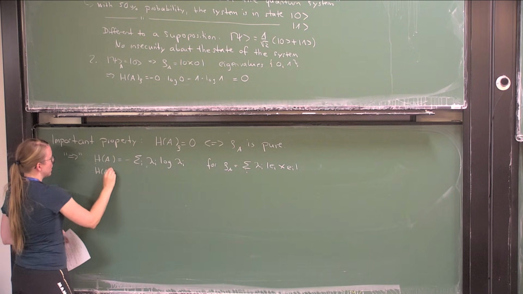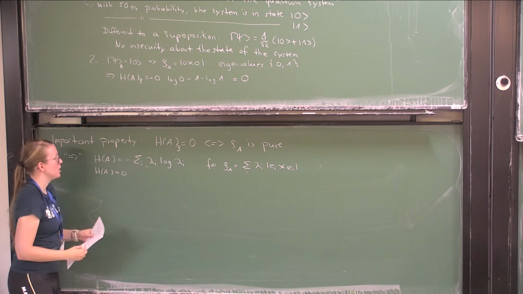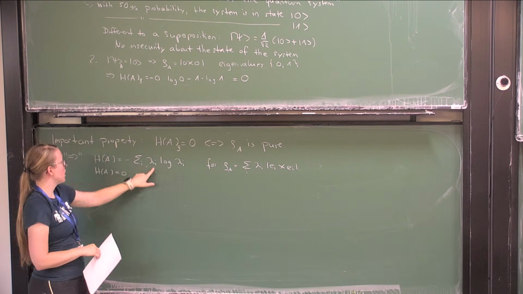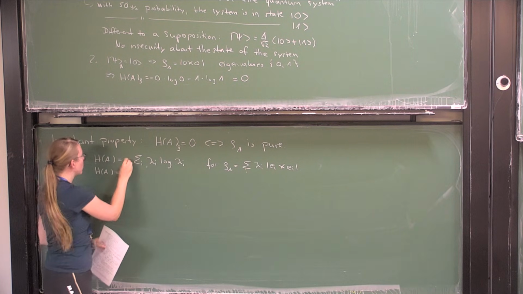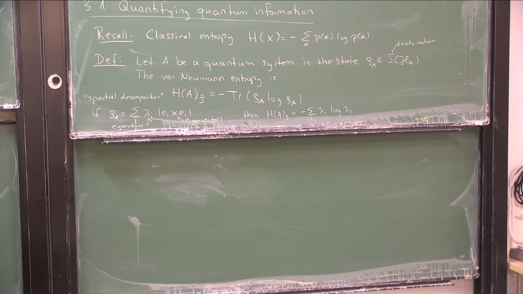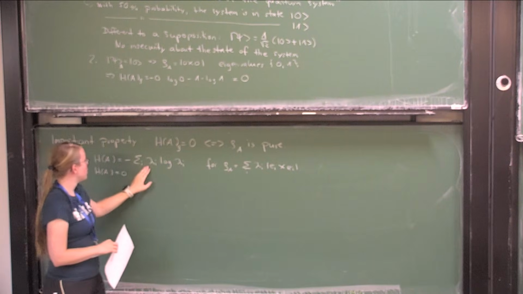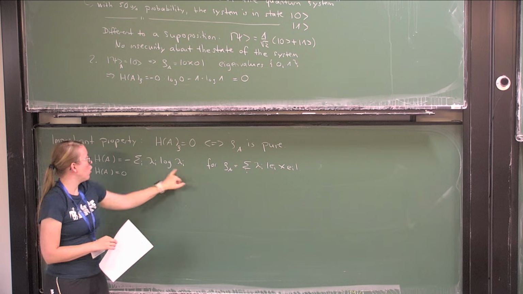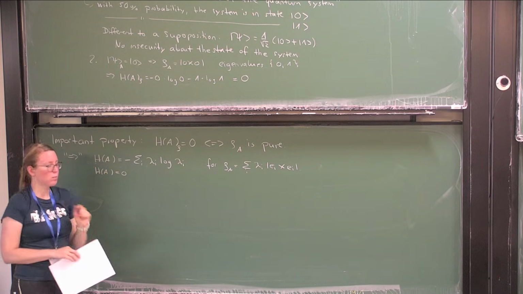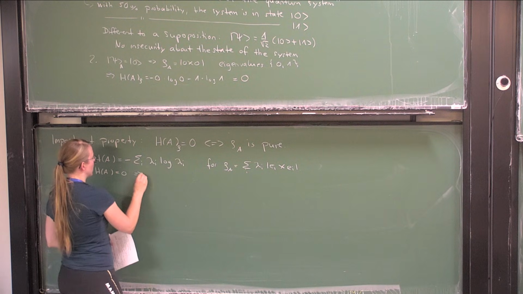And if this entropy is 0, that means each individual term also has to be 0, because the lambda i's are all positive, and they're all between 0 and 1 because it's a probability distribution. That means they all have the same sign, so no term can cancel another term. So they all individually have to be 0.